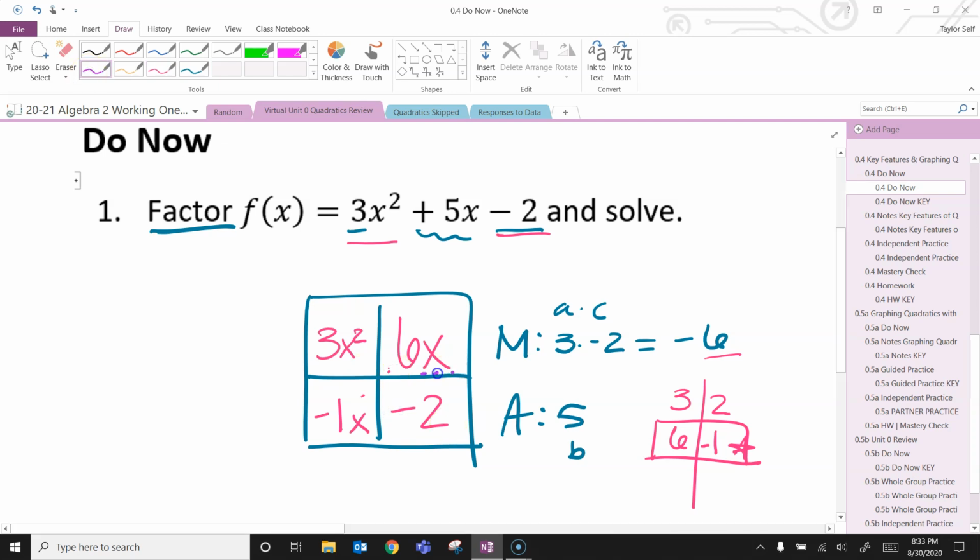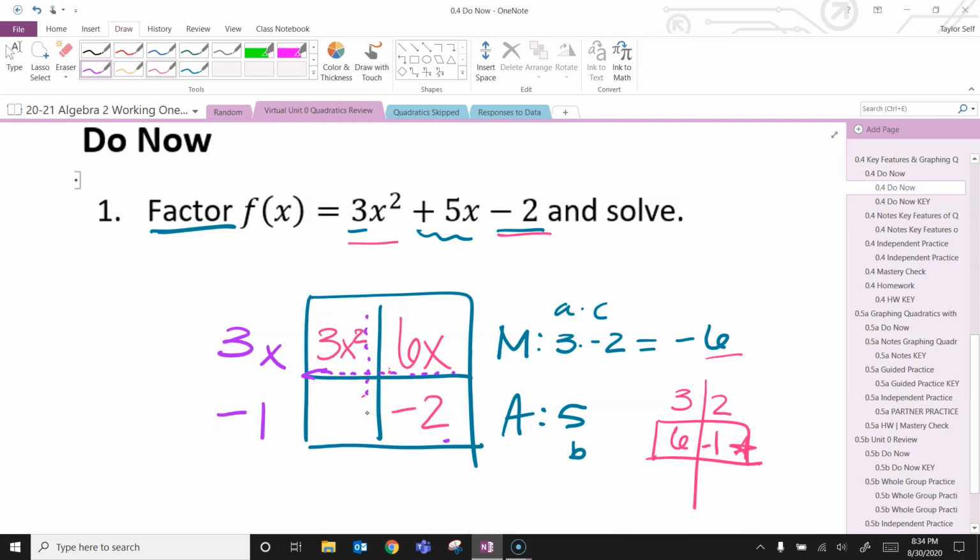So if we're looking on this line, this line has 3 in common. You could divide both numbers by 3, and they also both have x. And then this line, they both have negatives, and 1 goes into both of these numbers. Okay, cool. So now let's think about going up this line.